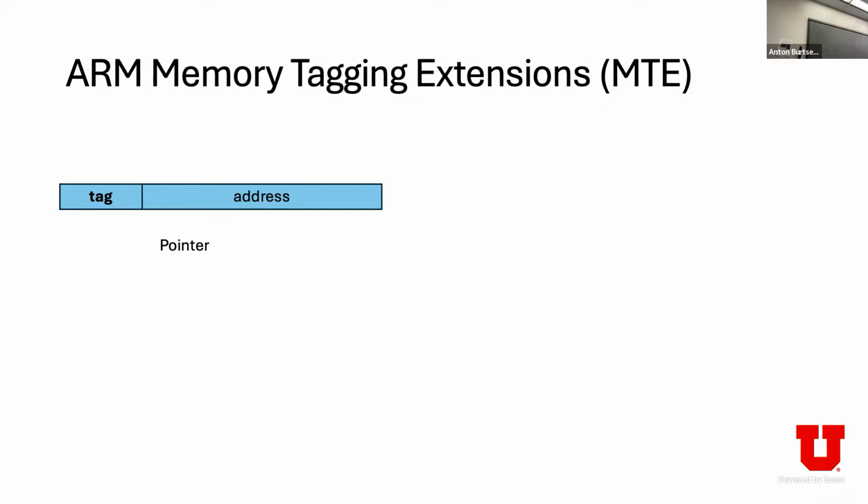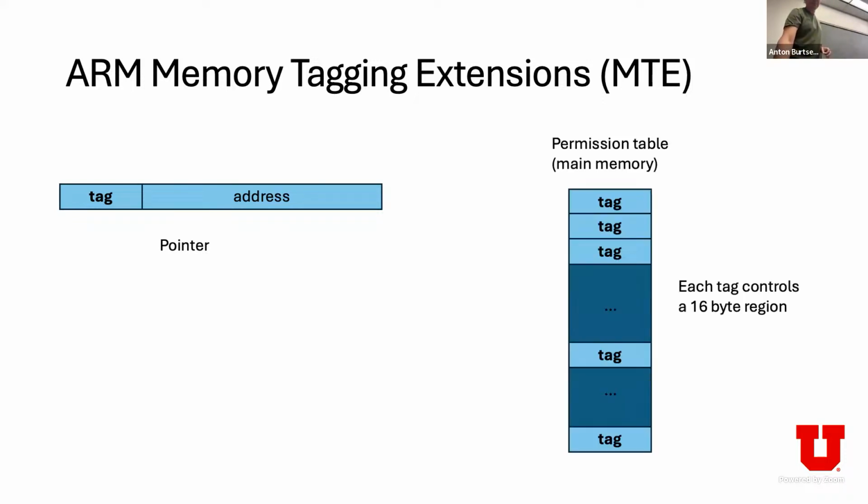And they say, look, since the upper bits of the pointers are not used, we will put a tag there in the upper bits of the pointer, which means you might have a ton of pointers all over the place in your program, right? And by the way, somewhere hidden from the program in memory will be a table, called the permission table.